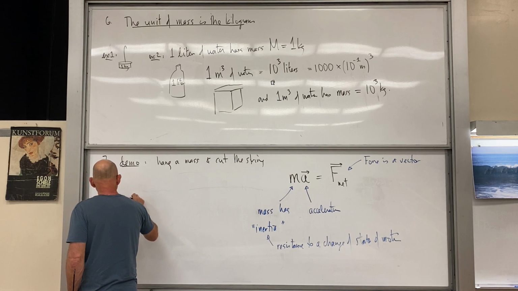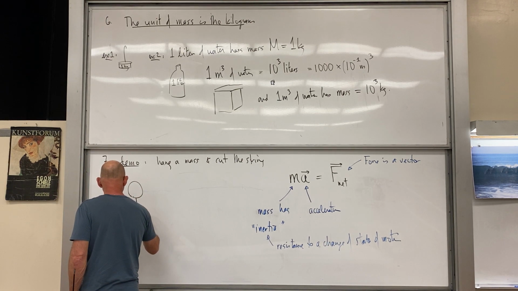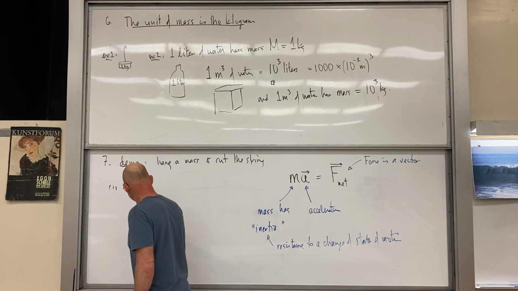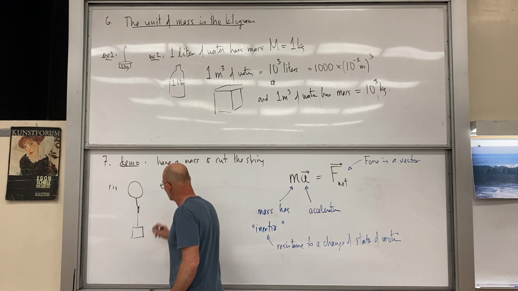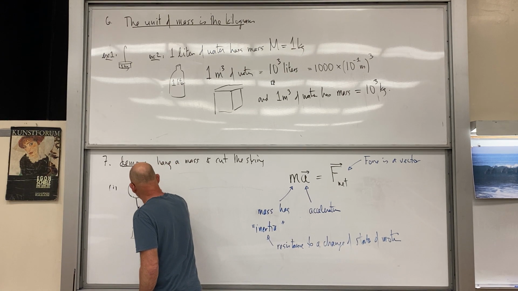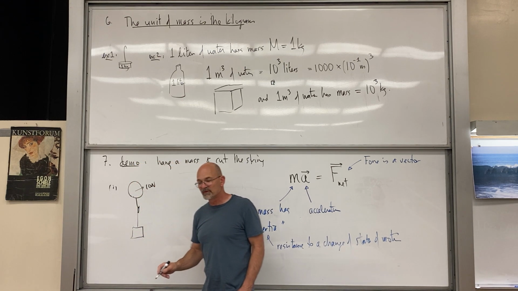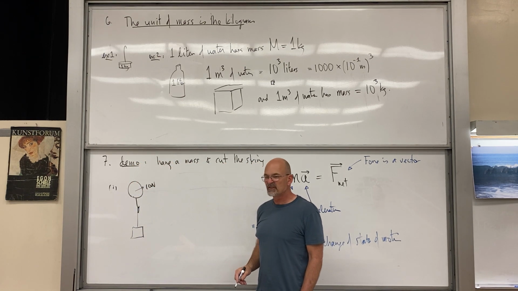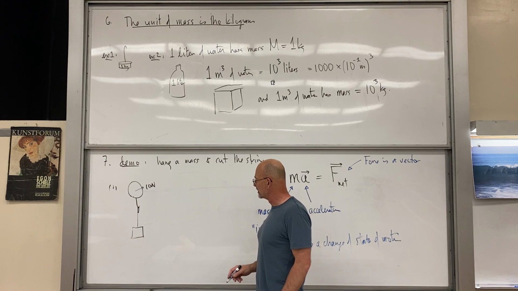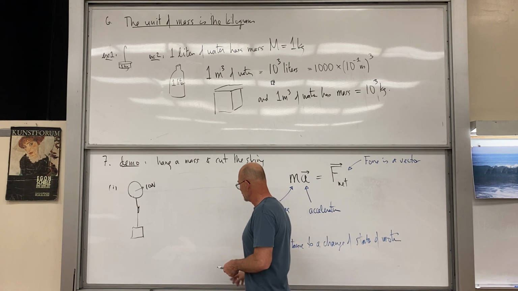First part, here's my scale, here's my mass, it's looped with a string here. And this thing happens to say 10 newtons, or just some number. I really don't have to put that number there.